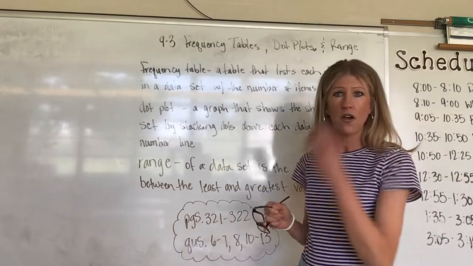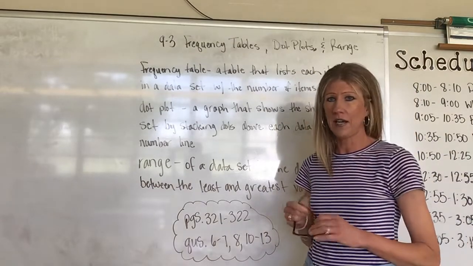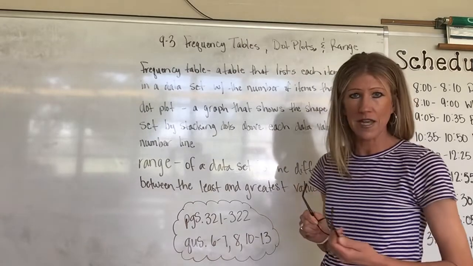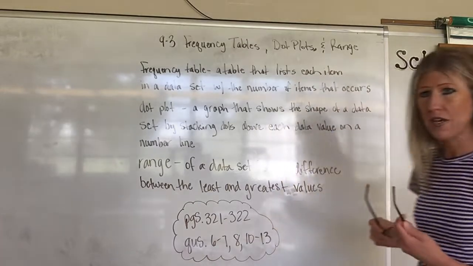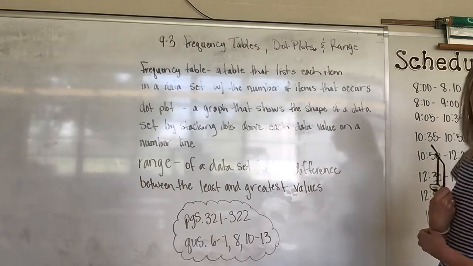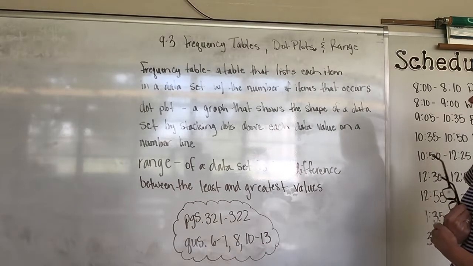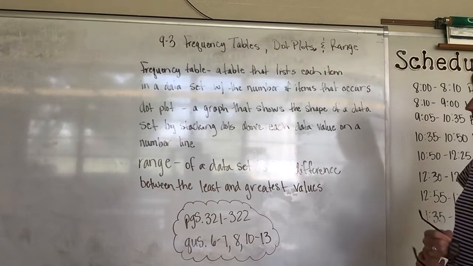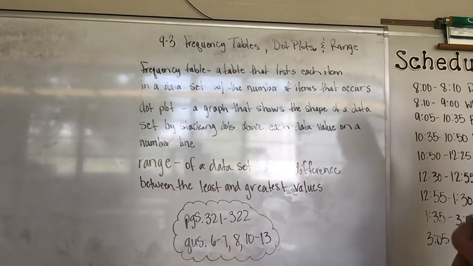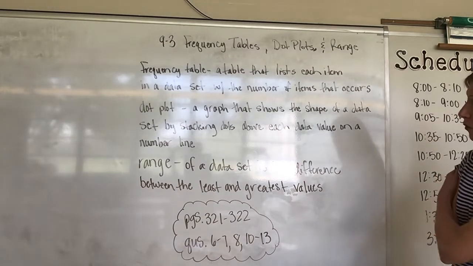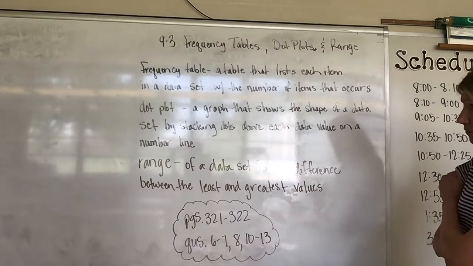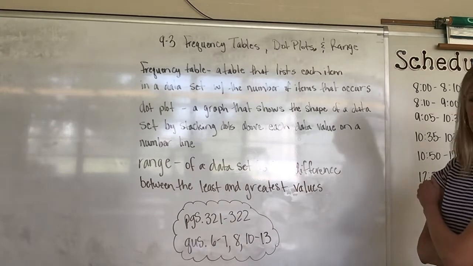Okay, so first of all, the first thing we'll be covering and creating is a frequency table. A frequency table is this. So here's the definition. It is a table that lists each item in a data set with the number of times it occurs. So we're going to create a table that's going to be listing out our data.